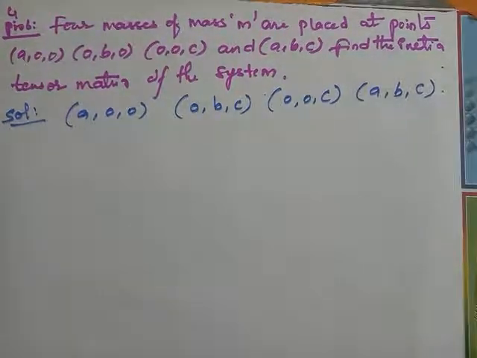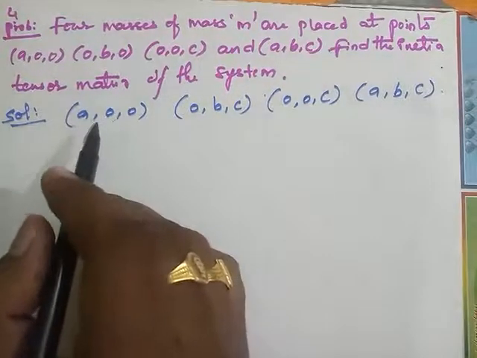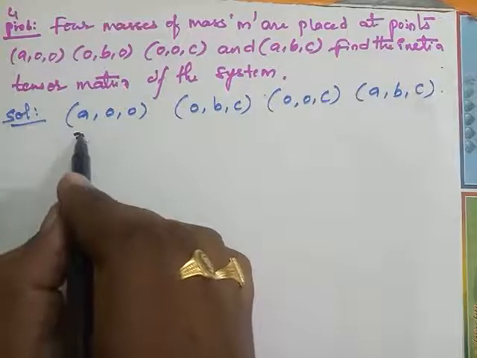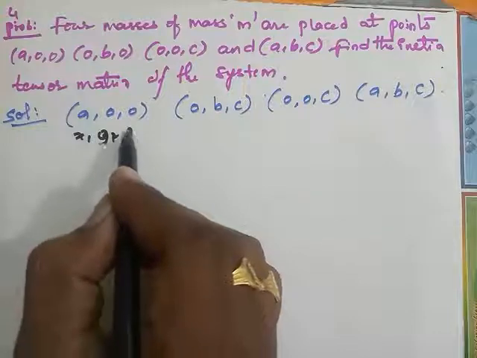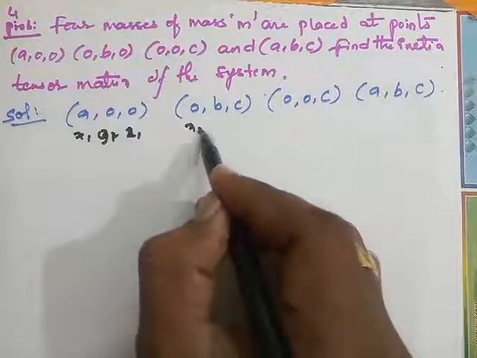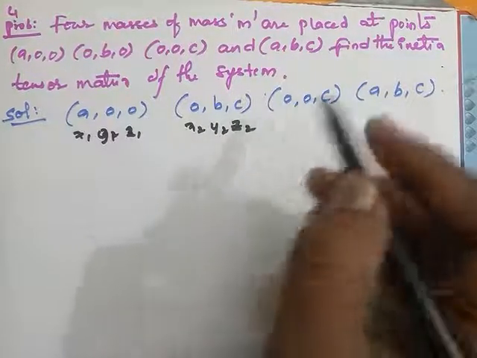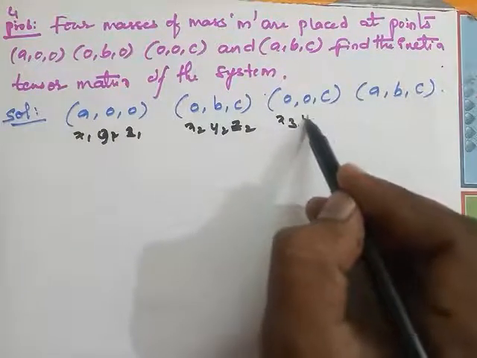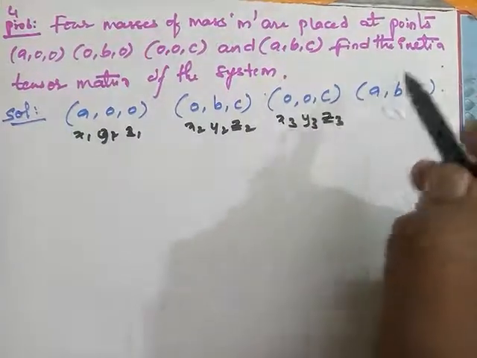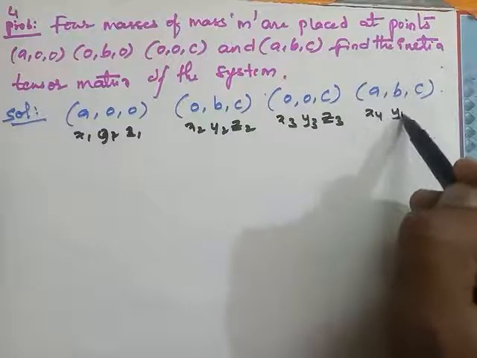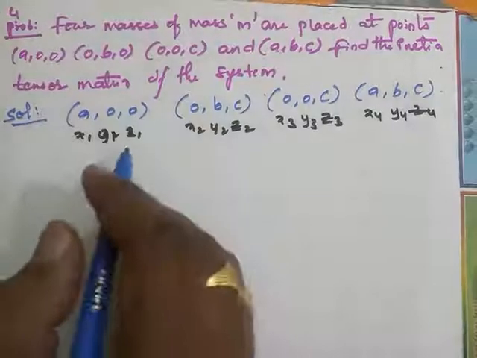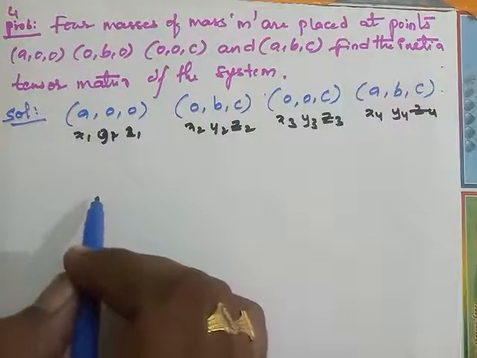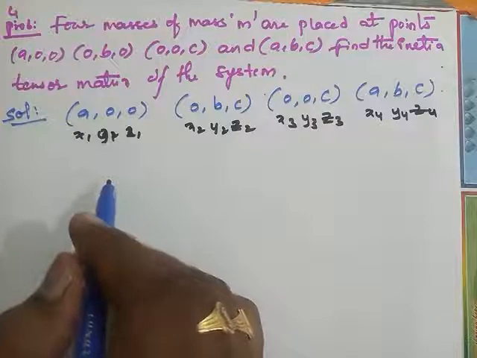Okay, let us assume these terms as x1 y1 z1, x2 y2 z2, x3 y3 z3, x4 y4 z4. Okay, now the inertia matrix tensor. Okay, inertia matrix, inertia tensor matrix.